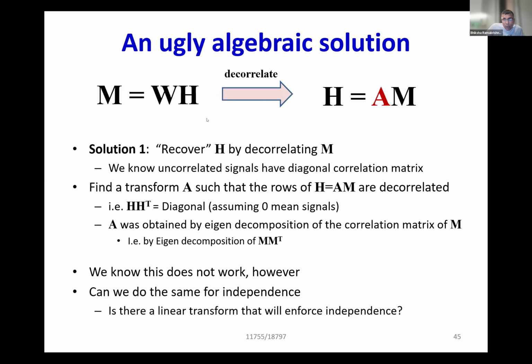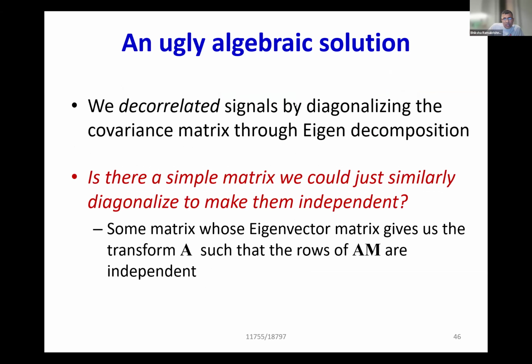Instead, we want to find some other linear transform A, such that when this linear transform A is applied on M, the result is going to be an H matrix where the rows of H are statistically independent. So our search is for this matrix A, which results in statistically independent rows in H. We decorrelated the rows of H by diagonalizing the covariance matrix through eigen decomposition.